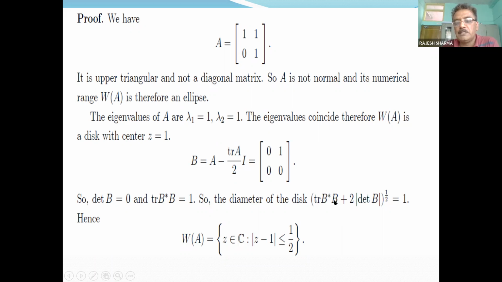Only we have trace B star B, which is the sum of the modulus squared of each entry. So this is just 1. This means the diameter is 1, and the center, as we have already discussed, is 1. So this is mod z minus 1 less than or equal to half. Same answer as one participant was telling.